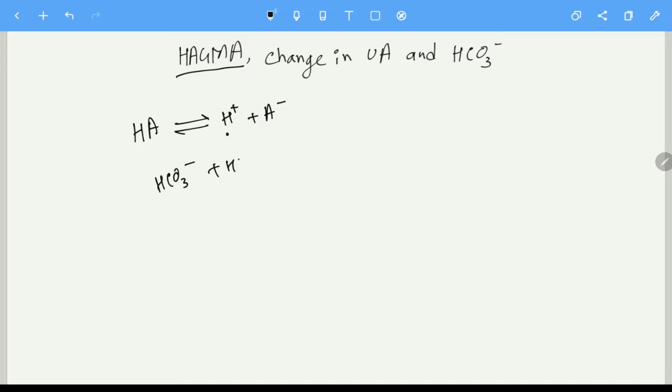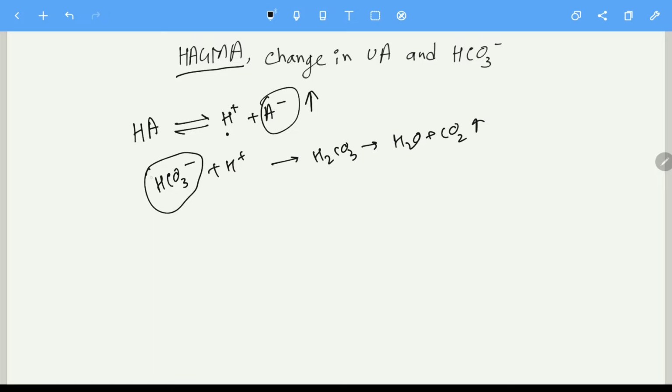Bicarbonate plus H plus will form H2CO3, then H2O plus CO2, excreted by the lungs. So see that an unmeasured anion is now present in the body, and a bicarbonate ion which was previously present is now not present. So a bicarbonate ion decreases in exchange for an increase in this A minus anion.